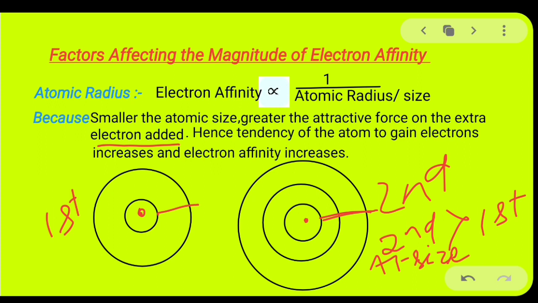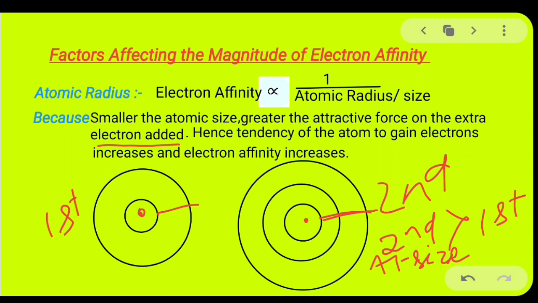Is it clear, children? So, when the size increases, when the distance increases, the attractive force by the nucleus on the electron added decreases. When the attractive force decreases, the electron added cannot be placed successfully.